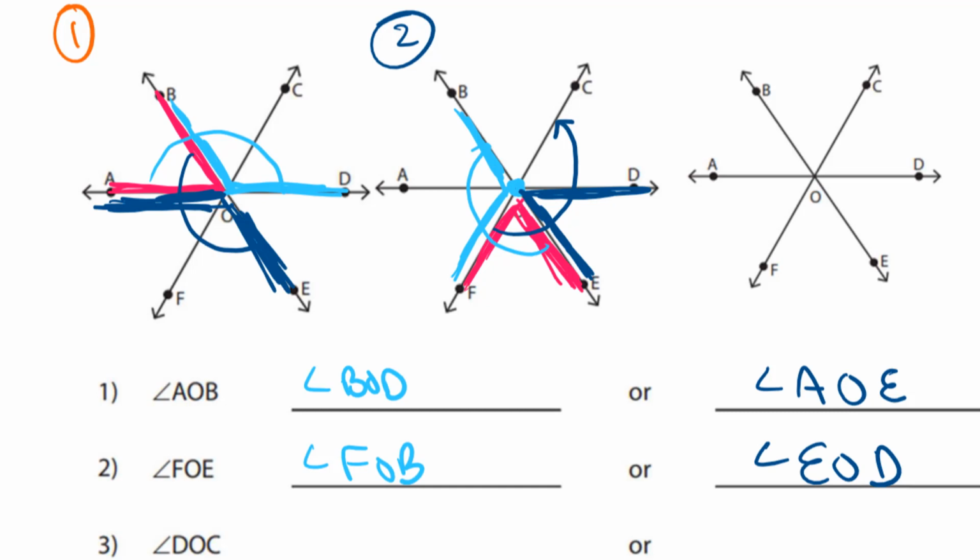Or not D, sorry, my bad. That should be angle EOC, because I've got to extend that and keep going all the way out to there. You've got to be careful because sometimes people see one line and gravitate toward that. But if I look, I can see where that is. So that should be angle EOC instead of EOD.